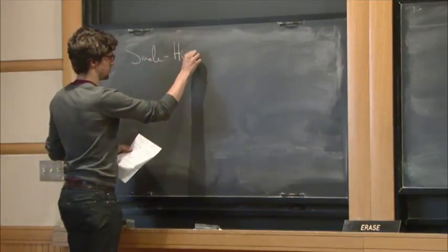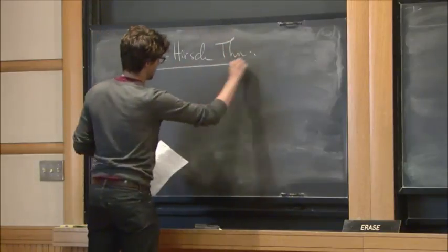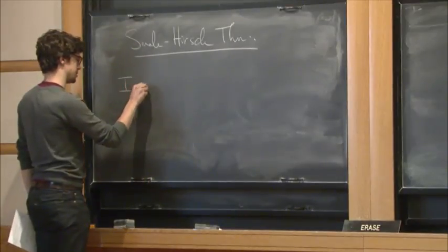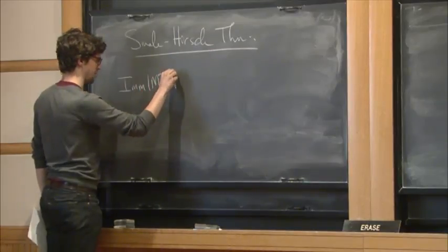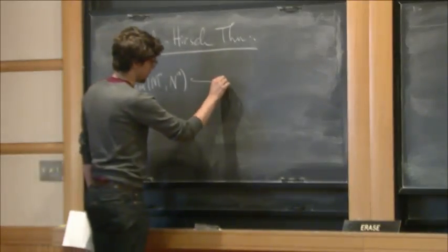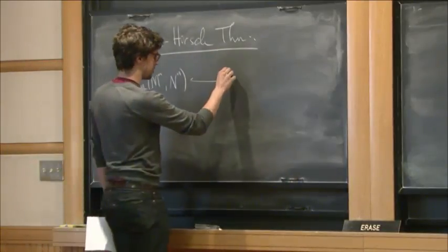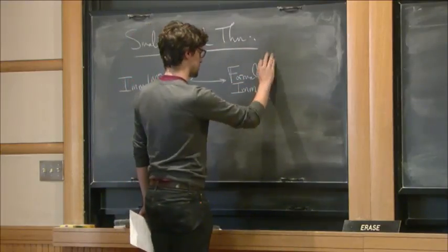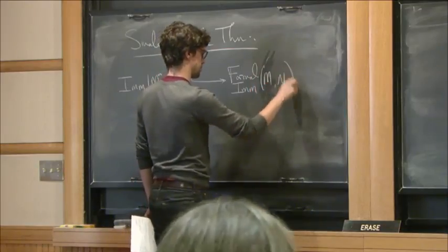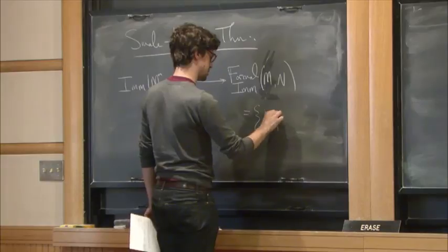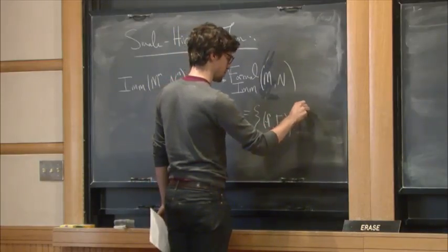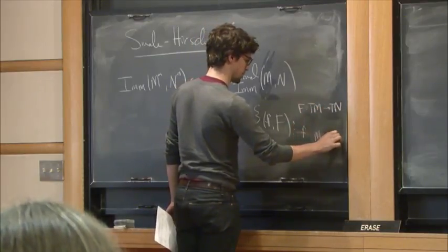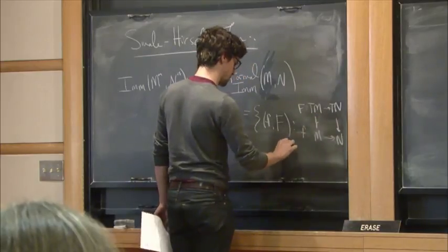I'm going to start with Smale's theorem, which basically says if you want to study immersions from one manifold into another manifold, well, let's consider a weaker problem, namely formal immersions, which are pairs: some function and some function on the tangent bundle covering the function on the base, where capital F is injective.